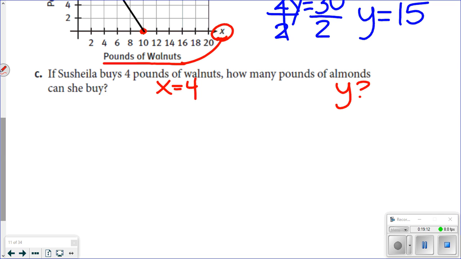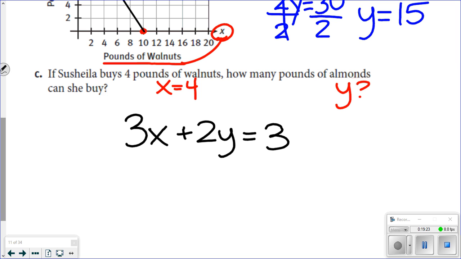So let's use our equation from above, from question 9a. So 3x plus 2y equals 30. But instead of having an x here, we know x stands for walnuts. And how many pounds of walnuts is she buying? She's buying 4. So let's plug in 4.